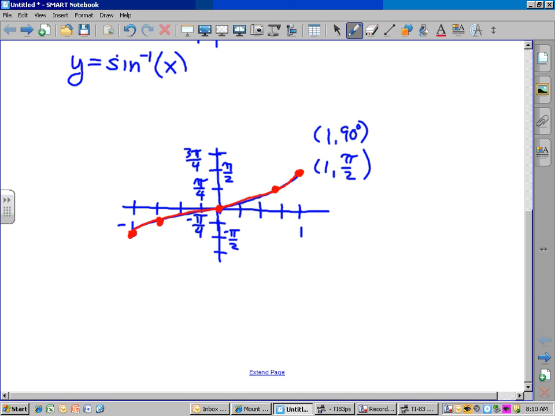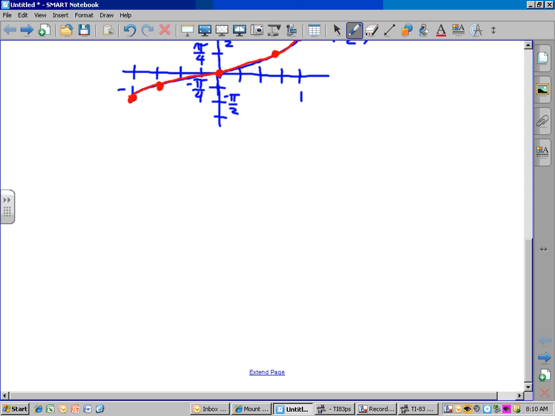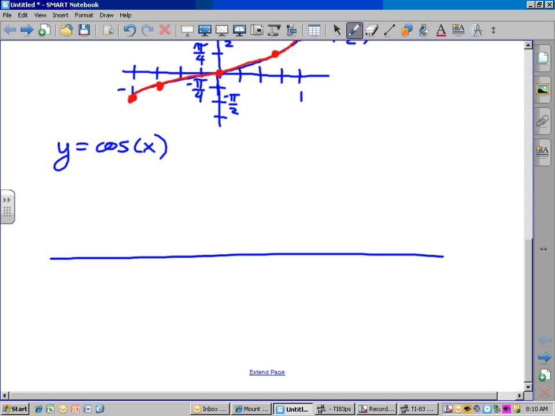Let's take a look at the graph of cosine. Now, knowing that we have to limit the amount of graph that we're going to take, maybe I won't draw the entire graph like I did with the inverse sine.